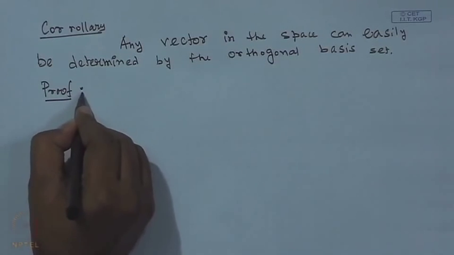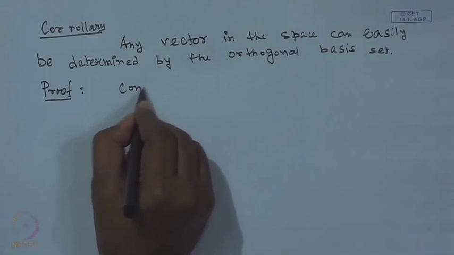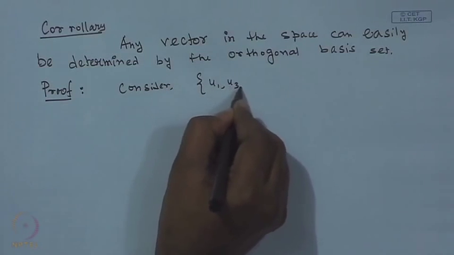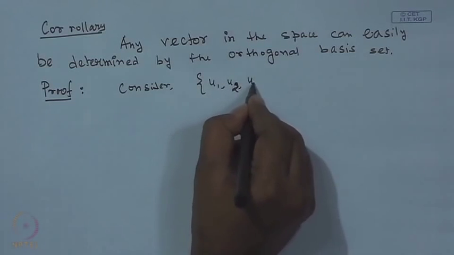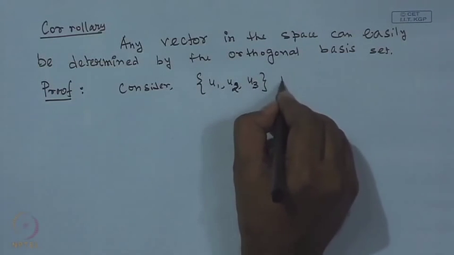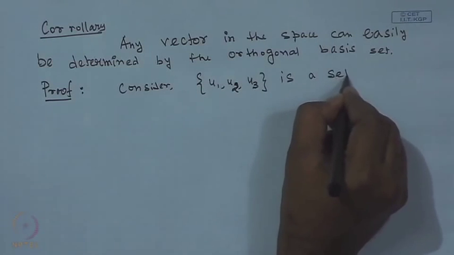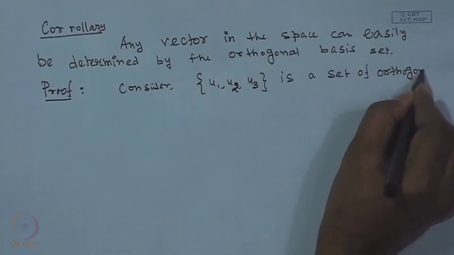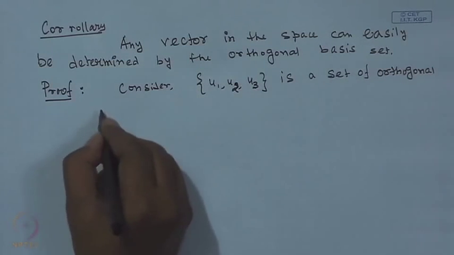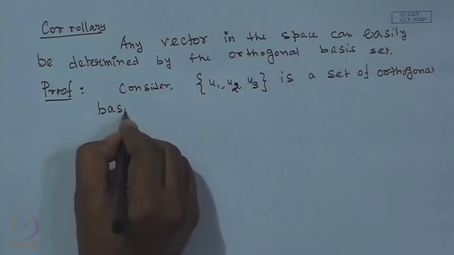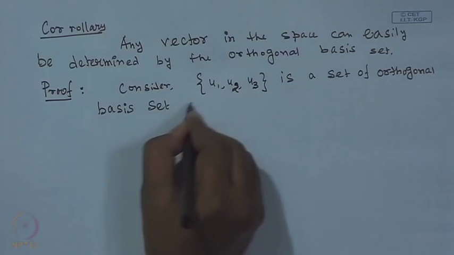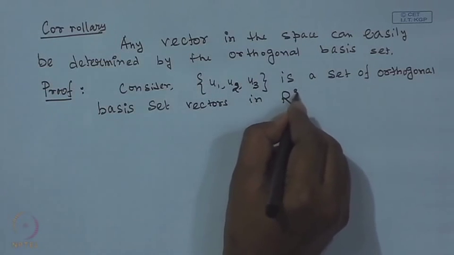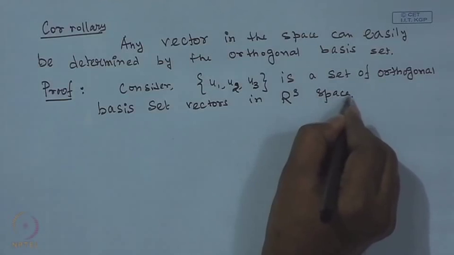The proof goes like this: we consider u1, u2 and u3 as a set of orthogonal basis set vectors in R3 space. Okay.